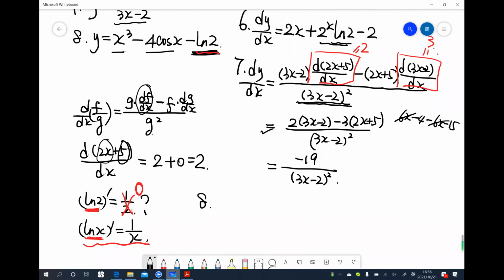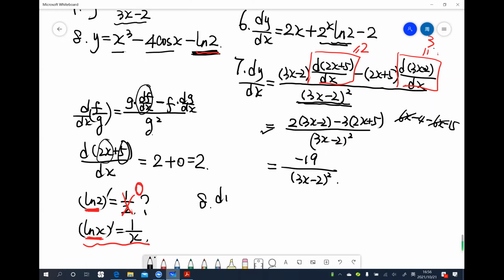Of course, I can write, for example, minus ln 10 or plus ln 10. After the calculating, it is 0, right? Because it is also a constant here. So you have to know that ln 2 is not a function, it is a constant.